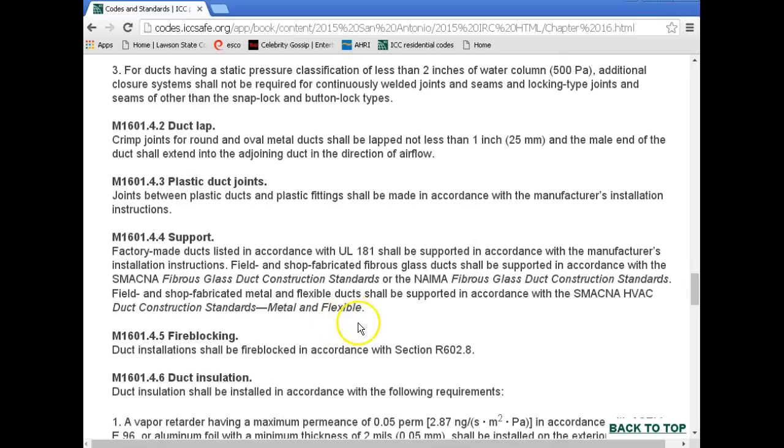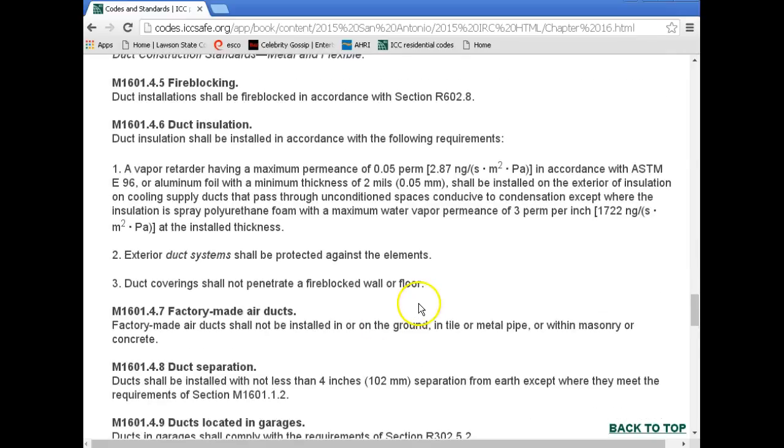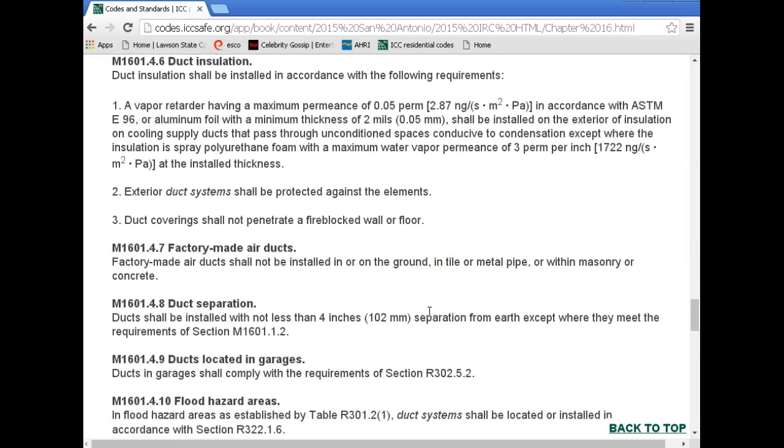Factory made ducts listed in accordance with UL 181 shall be installed in accordance with manufacturer instructions. I don't know where you're getting factory made ducts, but anyway. Field and shop fabricated fiberglass ducts shall be supported in accordance with the SMACNA or the fiberglass standards, which we don't have. Okay, so they're not going to tell us about it here.